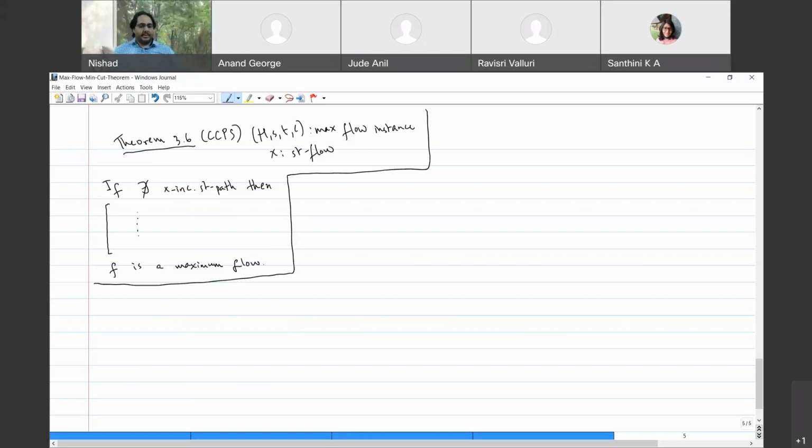So how do we do this? Let us suppose we don't have an X incrementing ST path, right? If such a path does not exist, then how should we go about proving that this is a maximum flow? Assume there is no X incrementing ST path.